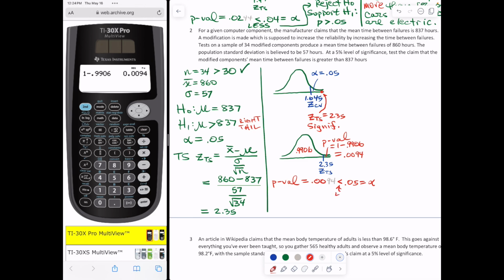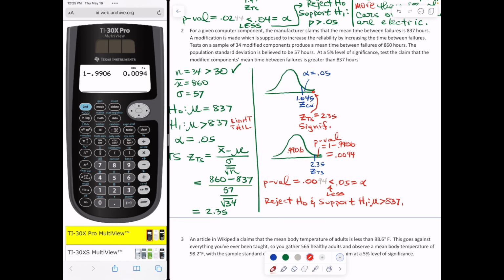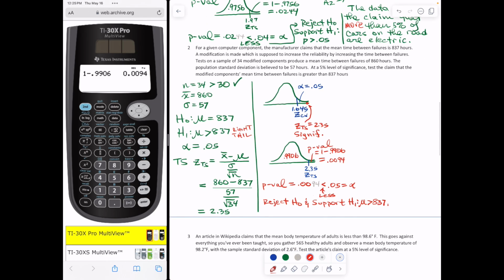Less means reject the null hypothesis, and will support H1, my apologies. H1 had said that the mean is greater than 837. Okay, and then we'll squeeze in a little conclusion up above here. So the data support the claim that the mean time between failures is more than 837.